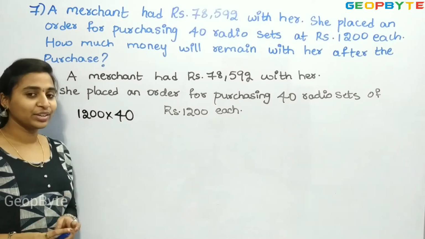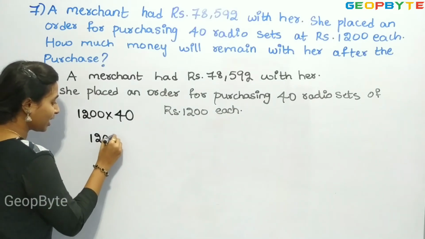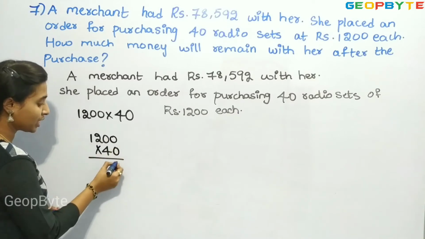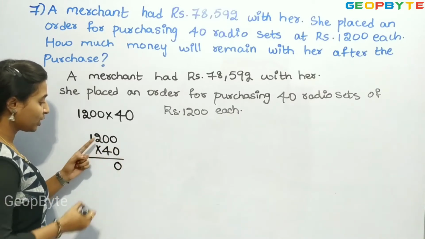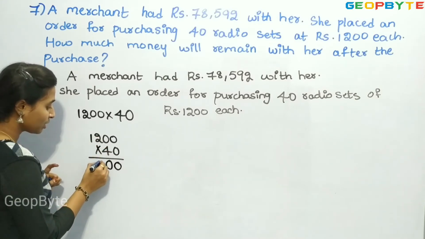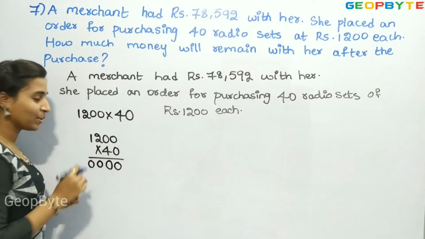Let us do 1200 into 40. 0 into 0, 0. 0 into 0, 0. 0 into 2, 0. 0 into 1, 0.